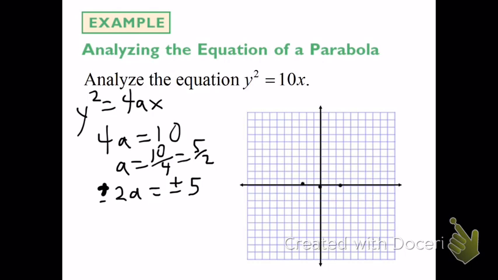1, 2, 3, 4, 5, approximately, and 1, 2, 3, 4, 5. And we're going to go ahead then and plot our parabola, like this.